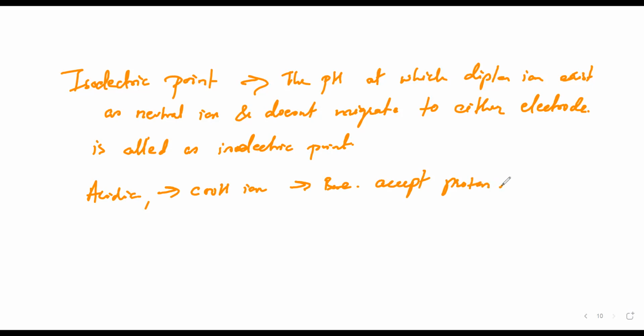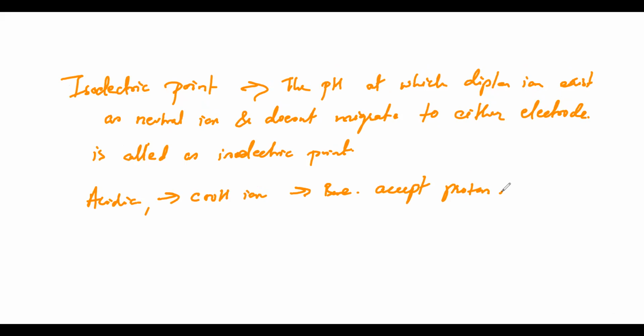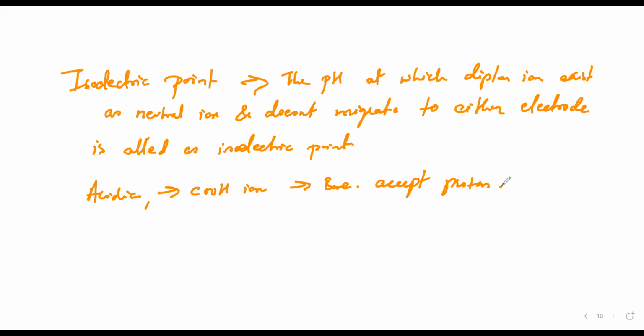Because of that, the amino acid will exist in the cation form. The same thing has been repeated here, just that when it becomes the dipolar form, whatever the pH under which that happens is called the isoelectric point. Okay, so this is all about the major terms involved in amino acids.